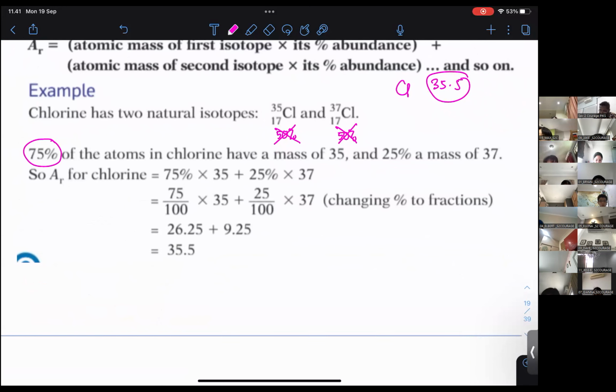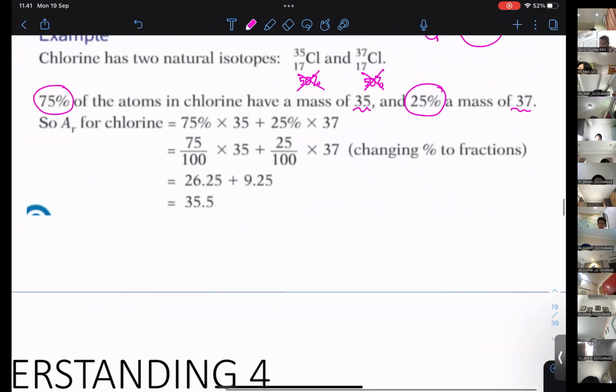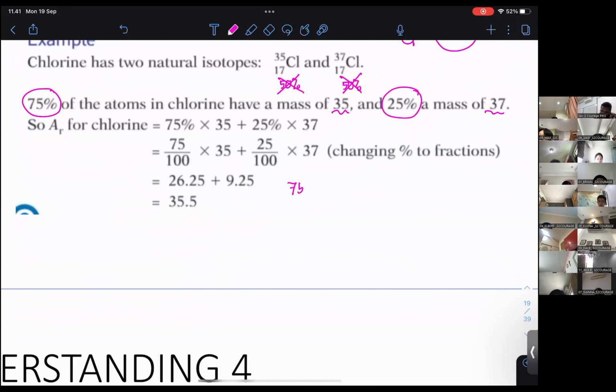75% have a mass of 35. 25% has a mass of 37. How to calculate? You just need to put 75 over 100 times the mass 35, you put a bracket, and then 25% times the 37.